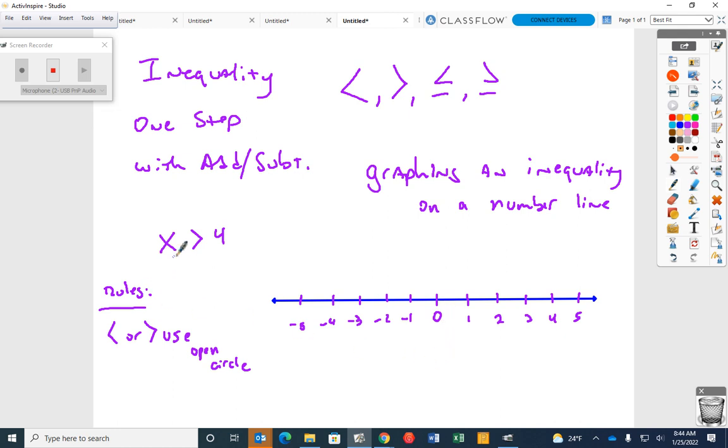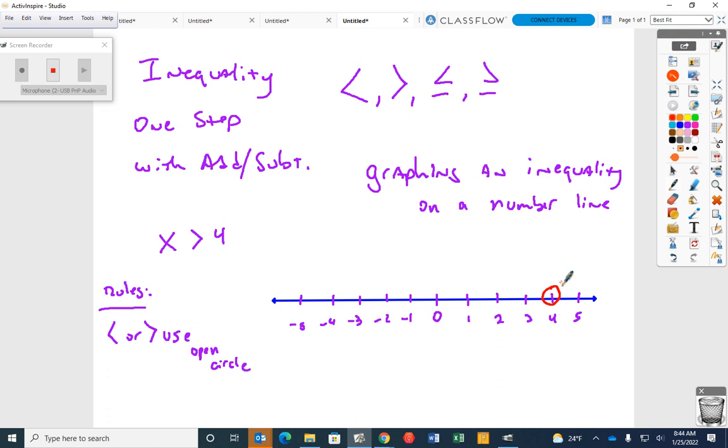First of all, what does this inequality say? X is what? Say it together. X is greater than 4. What is x? X can be anything as long as it's greater than 4. Now this is not "or equal to," this is just less than or greater than. So I'm going to go to 4 over here, and I'm going to make a circle, and I'm going to keep it an open circle.